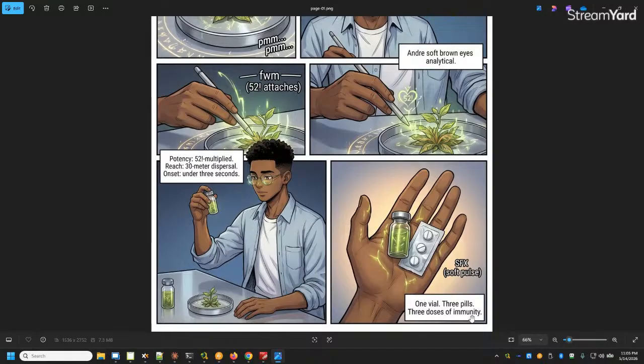1 vial, 3 pills, 3 doses of immunity. So the backstory here is that every student, when they get their ability, I don't know if they do it in Solo Leveling. Actually, is he in school? No, Sung Jin-Woo is not in school, but in other animes where there's an academy, they get their ability, and there's usually an exam or a test that decides what job they're going to go to, or what other institution they qualify for.